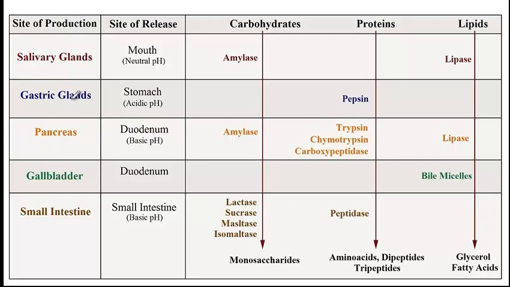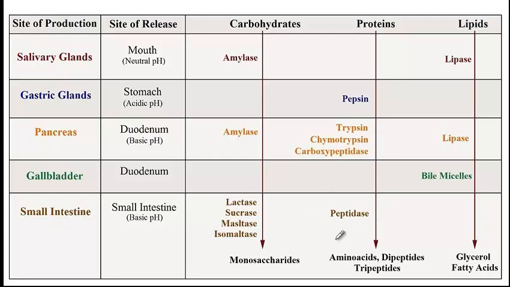Next, we have the gastric glands in the stomach that are producing pepsin, a proteolytic enzyme that breaks down proteins into smaller peptides. We also discussed that the pancreas produces trypsin and chymotrypsin that help with the breakdown of proteins. And then we also have carboxypeptidase produced by the pancreas. We didn't discuss it earlier. This enzyme also has a similar function to trypsin and chymotrypsin.